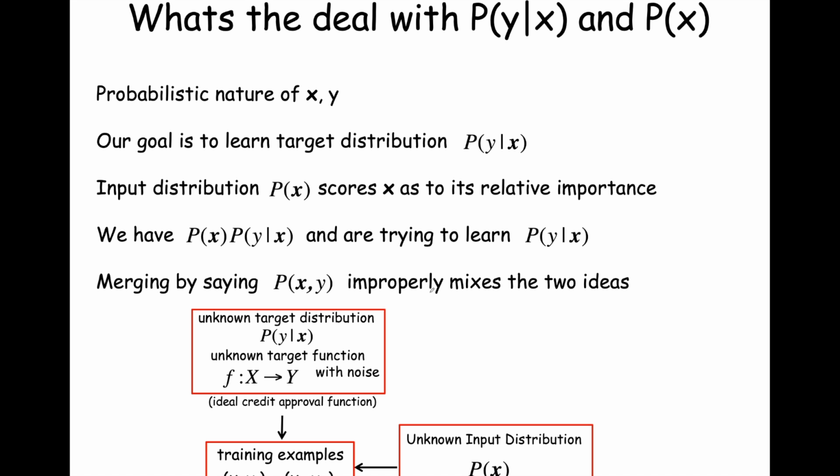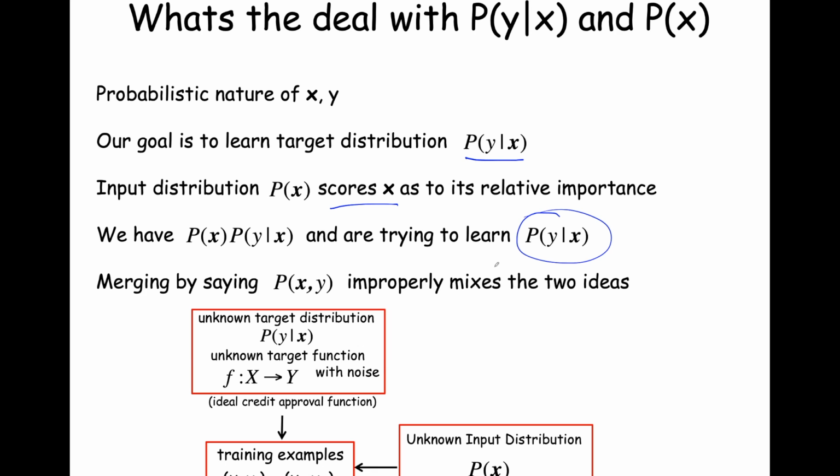And so there's a probabilistic nature of X and Y, and our goal is to learn our target distribution. The input distribution scores our inputs relative to their importance, as we said before. We have our P of X and our P of Y given X, and what we're trying to learn is P of Y given X. That's the target function we're trying to learn.